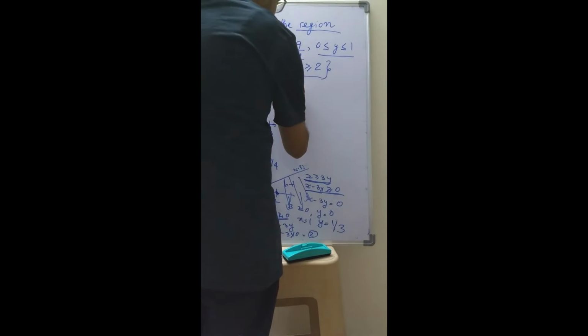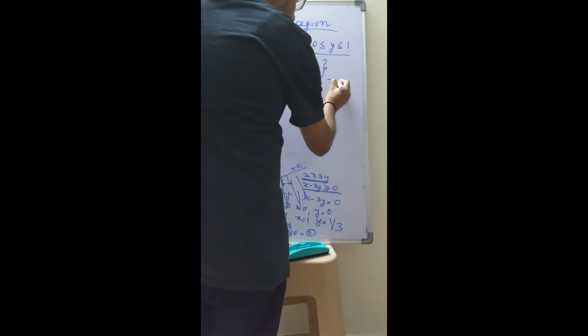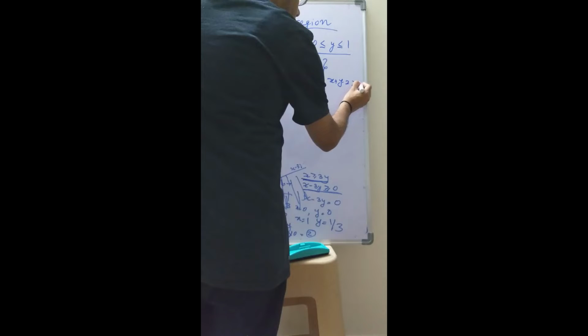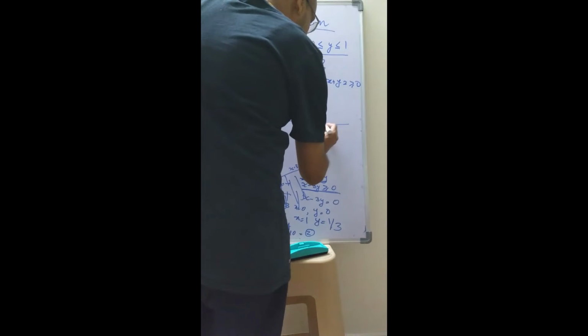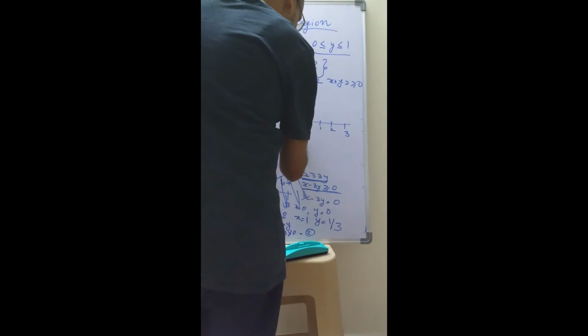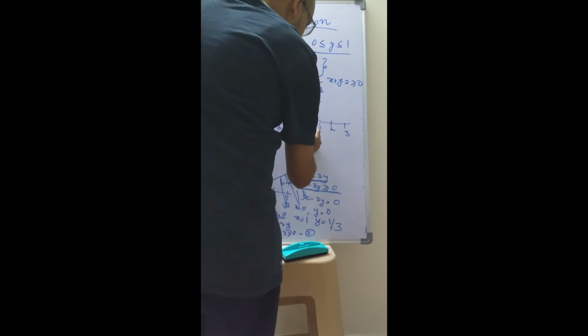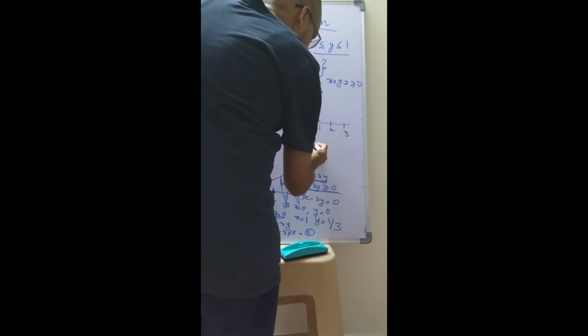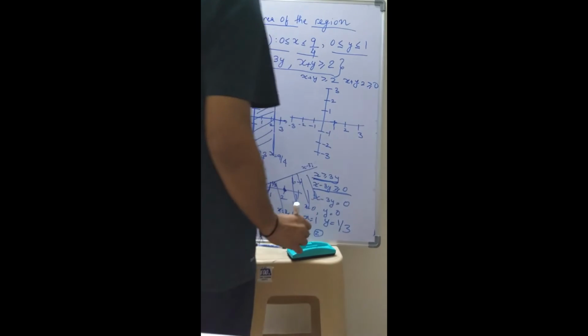So what does it say? x plus y greater than equal to 2, which means x plus y minus 2 greater than equal to 0, right? This is x is equal to 1, 2, 3, x is equal to minus 1, minus 2, minus 3, y is equal to 1, 2, 3, y is equal to minus 1, minus 2, and minus 3, right?